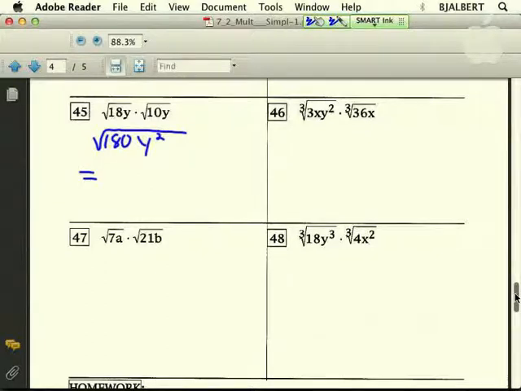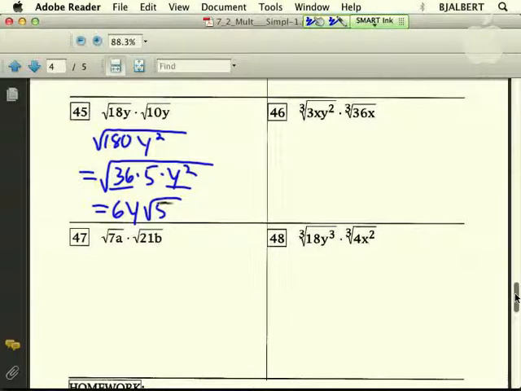The biggest square that goes in 180 is 36. Square root of 36 is 6, and the square root of y squared is y, and that'll leave the square root of 5.